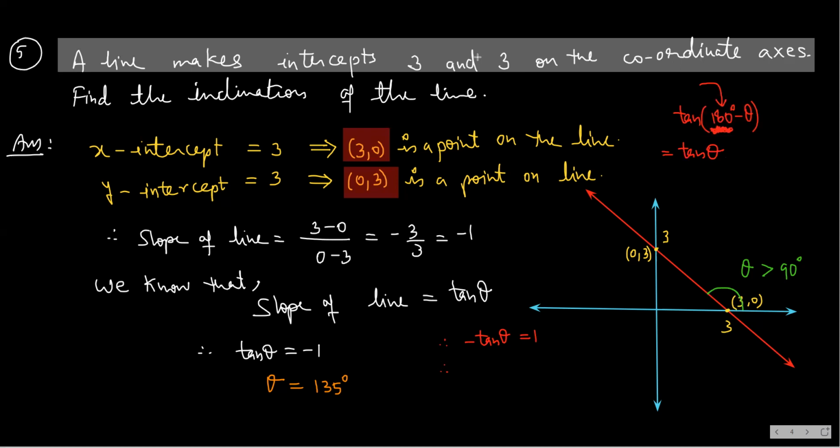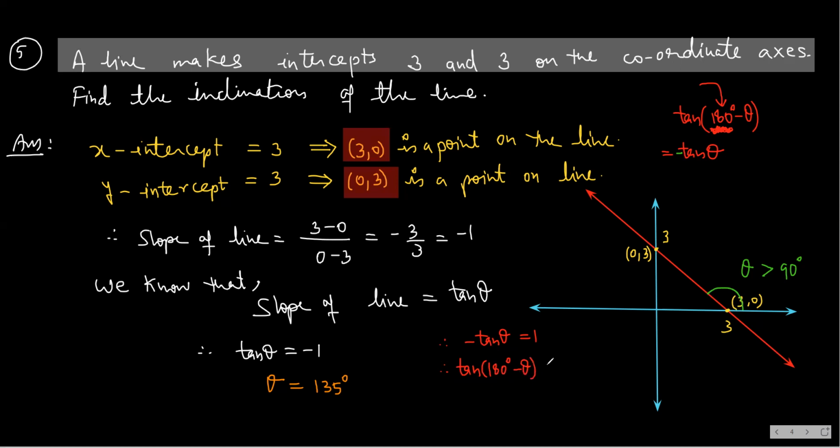You will write here tan in the second quadrant is minus tan theta. So tan 180 minus theta is equal to minus tan theta. So what I'm doing is, for minus tan theta, I wrote tan of 180 degrees minus theta. They are the same.